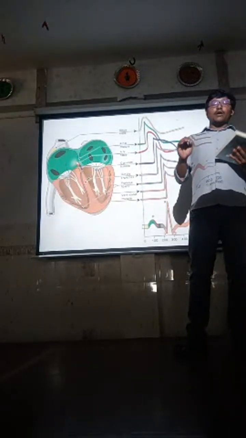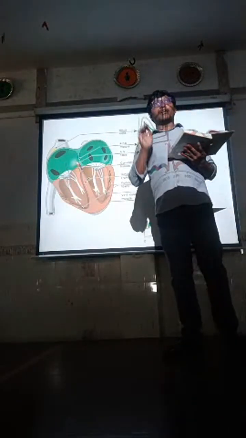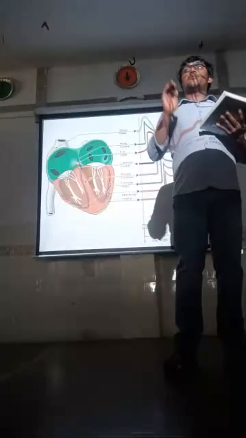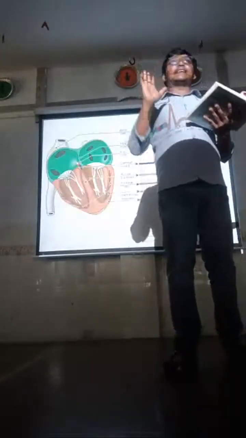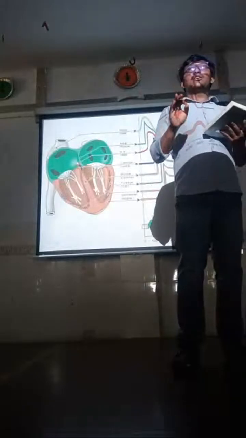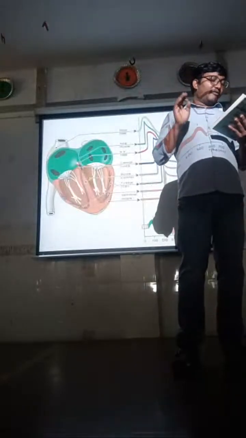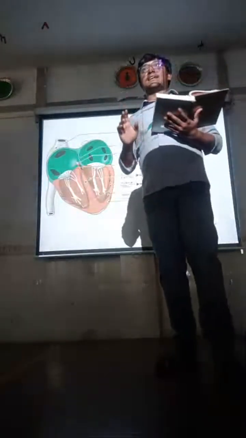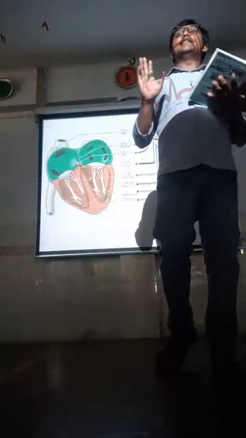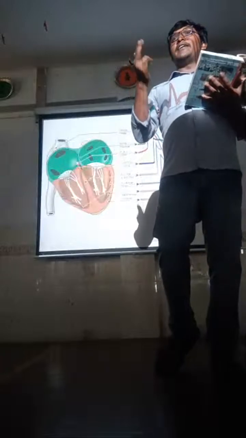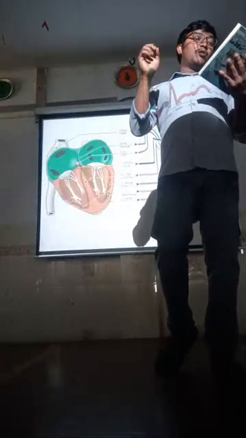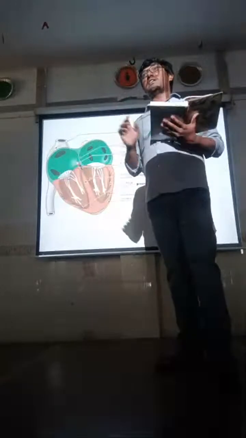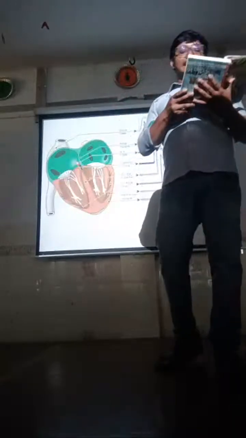The isometric contraction period is approximately 0.05 seconds, and the ejection period is 0.22 seconds. Both together give us 0.3 seconds.